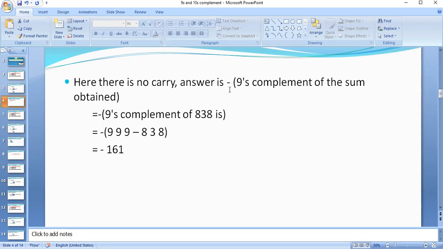Put a negative sign in front of the number and then again find the 9's complement of the sum obtained. So what is the 9's complement of 838? The result is minus 161. Okay, so this is also a similar procedure as the 1's complement and 2's complement method.